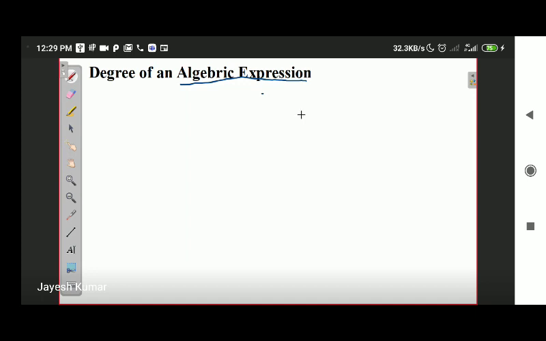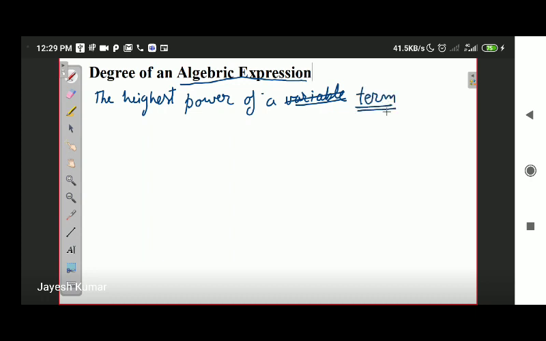Degree of an algebraic expression is the highest power of a term, in bracket we write variables, the highest power of the variables in the given algebraic expression.